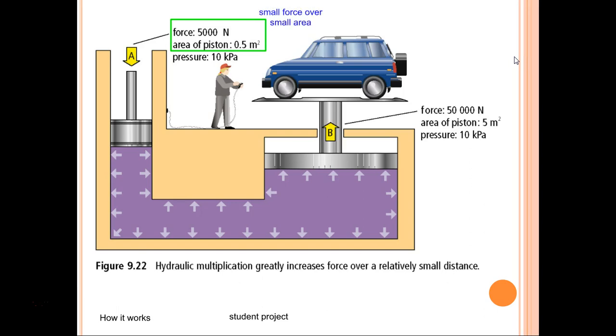Okay, a small force over a small area is turned into a large force over a larger area. So the hydraulic multiplication that happens allows you to increase the amount of force being exerted.